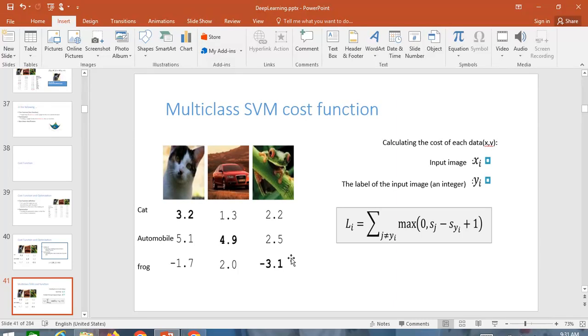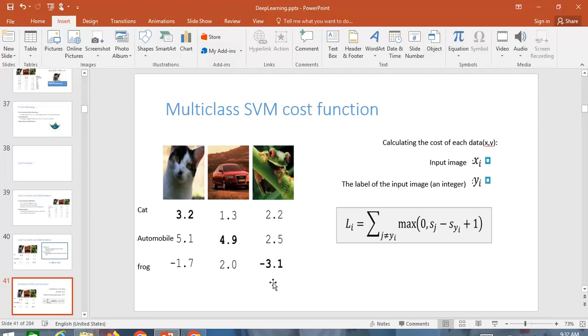We want the right class score to be higher than others. Syi is the correct class score. Sj is the score of any class other than the correct class. If this Syi is greater than Sj, we do not consider any error. But if it is less, we consider it an error as much as it is less.